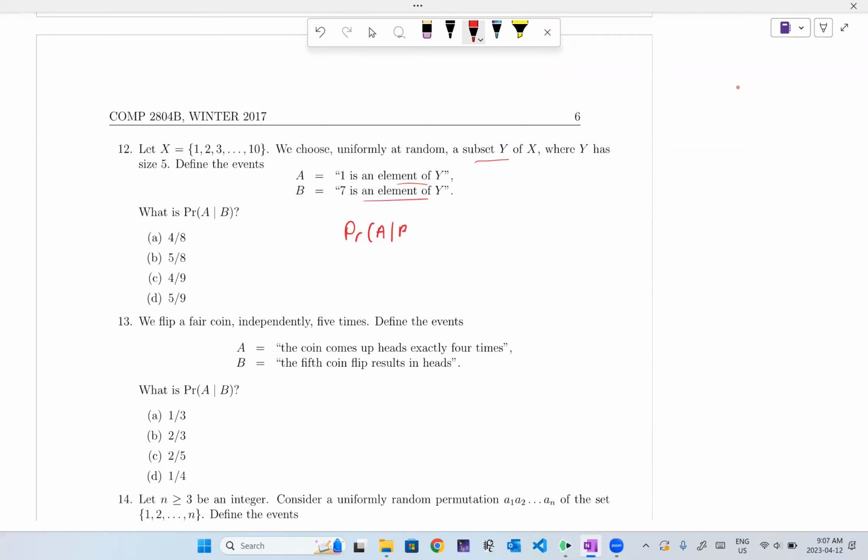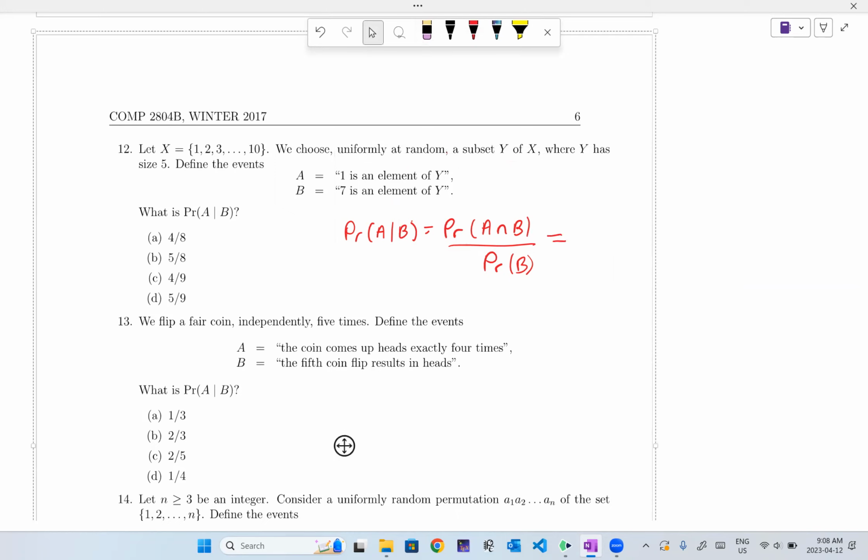So I like to always start with the definition. The subset is chosen uniformly at random, so when we're doing probability, it'll be the size of the set over the size of the sample space. So let's count these. Probably we'll start with probability of B. So 7 is an element of Y. So I know 7 is going to be in that set.